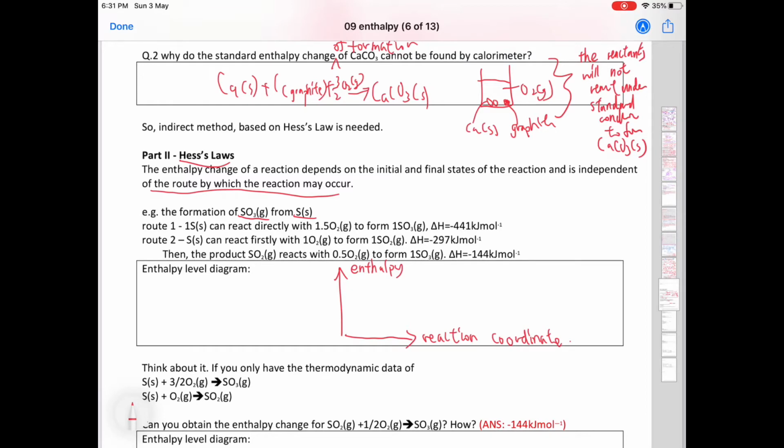First of all, sulfur is route 1, and I randomly draw, okay, sulfur as the initial state, and then we react with 1.5 O2 directly, so that the reaction consists of 1 S solid and then 1.5 oxygen diatomic molecule, and then forms 1 sulfur trioxide.